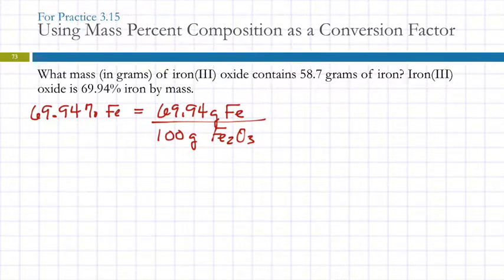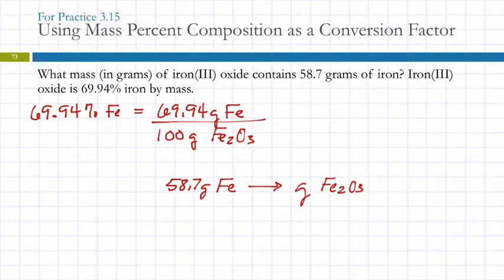So we're trying to find grams of iron 3 oxide, and the starting is 58.7 grams of iron. Because they gave us this percent composition, we can just go directly from grams of iron to grams of iron 3 oxide.